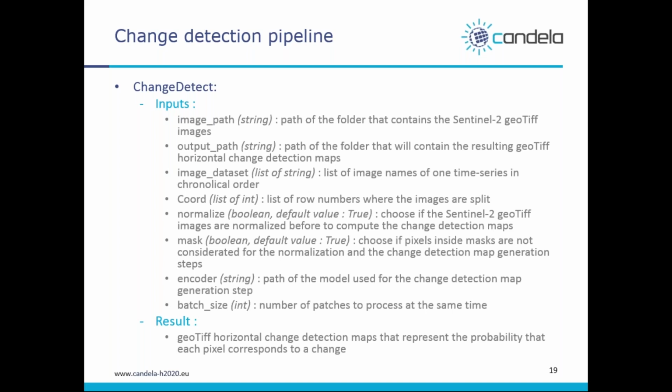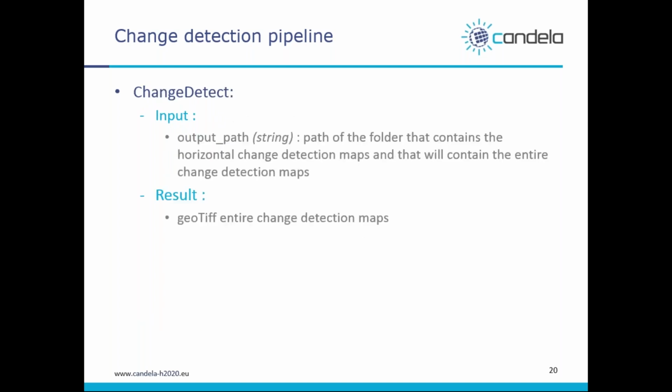And the result is just the sub image, or maybe the whole image if you didn't make a split before, containing the change detection map between 0 for no change and 1 where there is a very highly likely change.